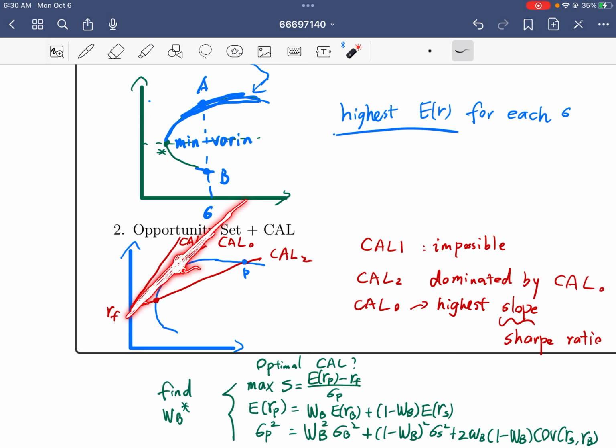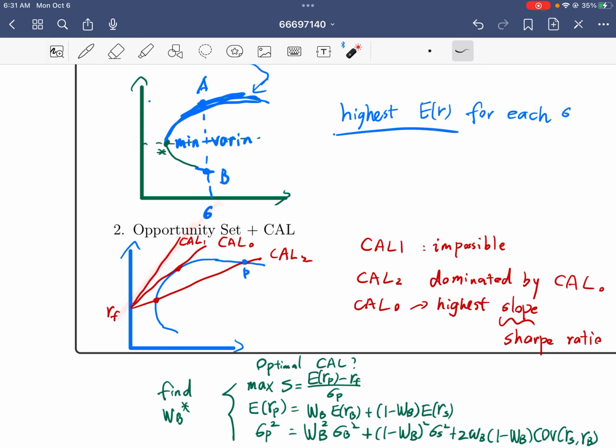When we connect this portfolio with a risk-free point, we get the highest slope, which means the highest Sharpe ratio. We always want to find the portfolio with the highest Sharpe ratio, because a higher Sharpe ratio means lower standard deviation and a higher expected return.